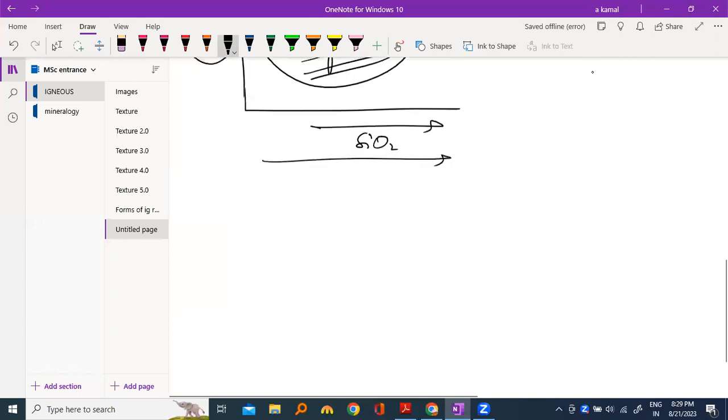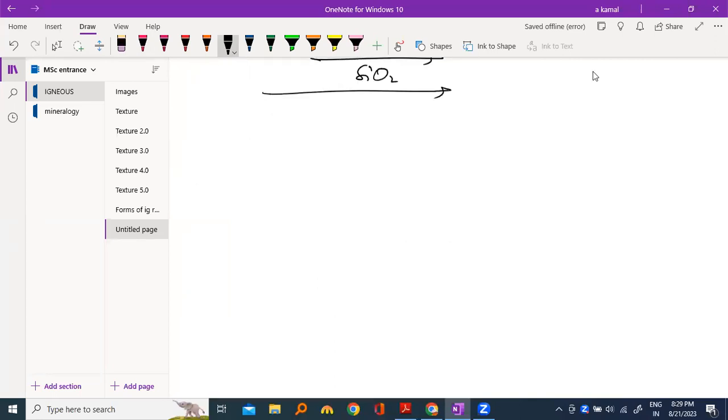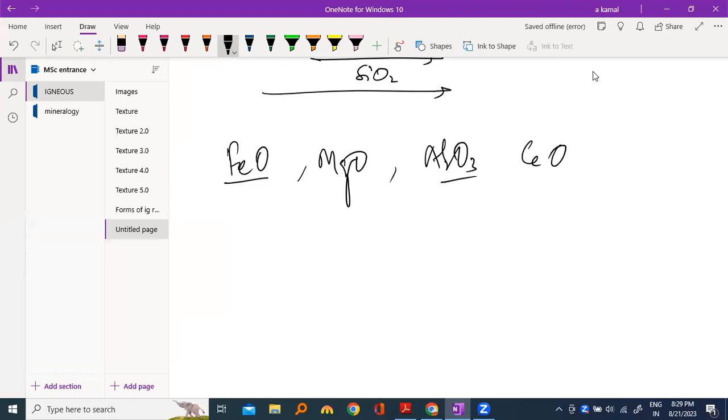Now see, in the rock we have so many components. For example, we have iron oxide in the mafic rock, we have magnesium oxide, we have alumina Al2O3, we have calcium oxide, sodium oxide, potassium oxide, silica. We have so many components that vary throughout the magmatic evolutionary path, throughout the magma series.